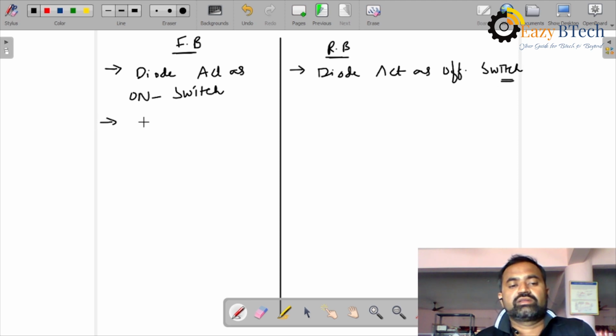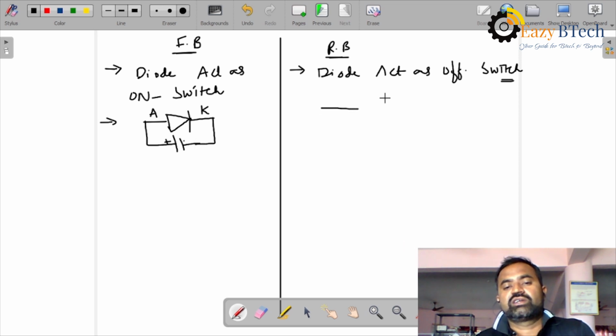This is a diode, this is the anode and this is the cathode. Now we will represent it with this symbol.